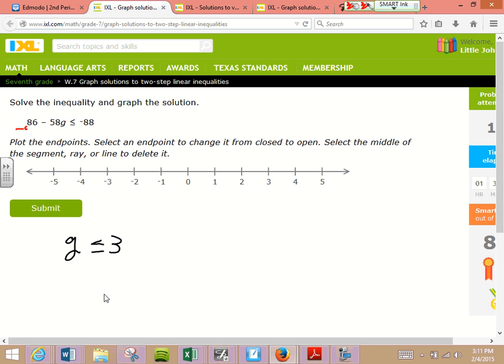So minus 86, minus 86, we get negative 58G less than or equal to, what do you get here? Negative what? And it's negative because you're combining, right? So you divide by negative 58, both sides, and that goes away, you get G, and you switch that sign to greater than or equal to because it's negative, right?